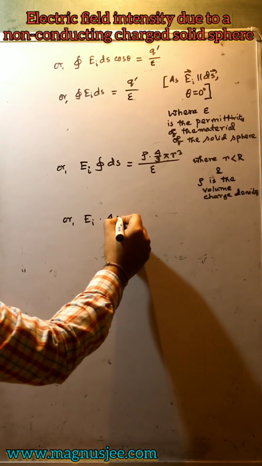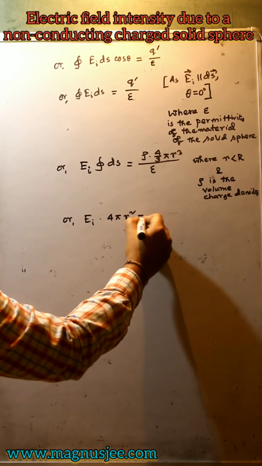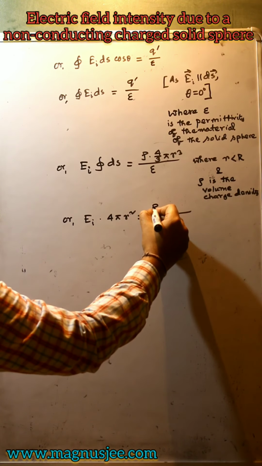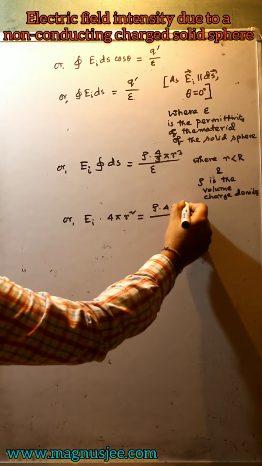So area means 4 pi small r square, equal to rho times 4 pi small r cube divided by 3 epsilon.